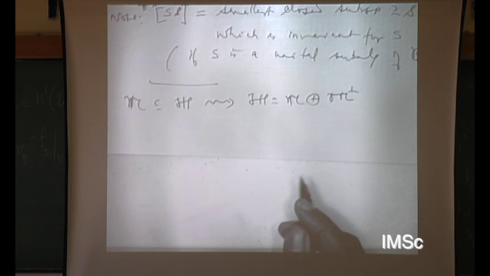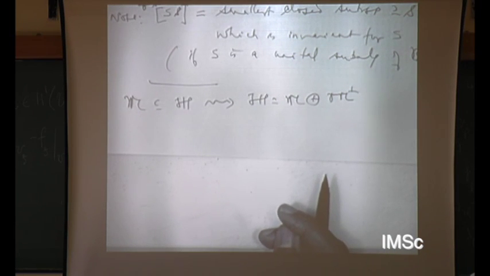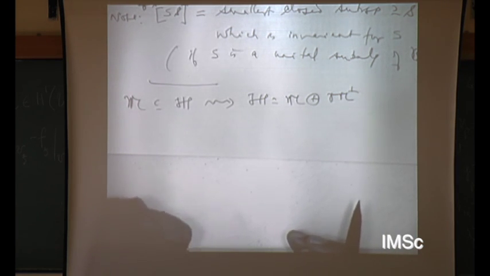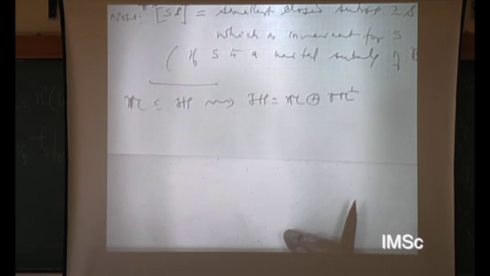And whatever I said yesterday about operators on direct sums of Hilbert spaces can be written as matrices of operators. Right? I did the general version last time, not just things in H.